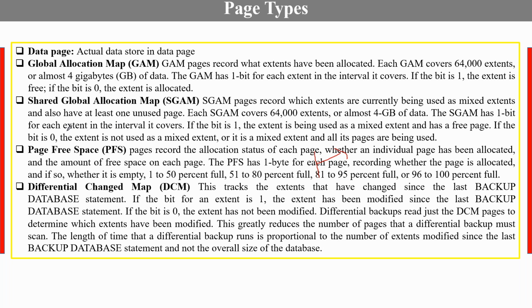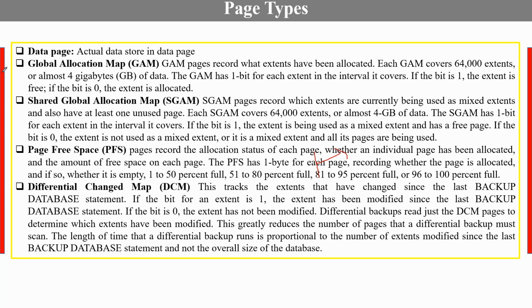So 0 means it can be a uniform extent or a mixed extent, and there is no free space. That is how SQL Server will treat it. Either a uniform extent completely consumed with data, or a mixed extent where all 8 pages are completely consumed. That is how it will compare.